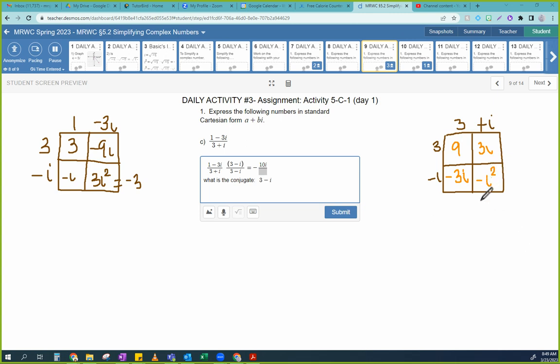Okay, so pay attention. I'm going to pull this negative down. What is i squared defined as? I squared is equal to what? Yeah, very good. Negative 1. Perfect. So then I'm going to put negative 1.